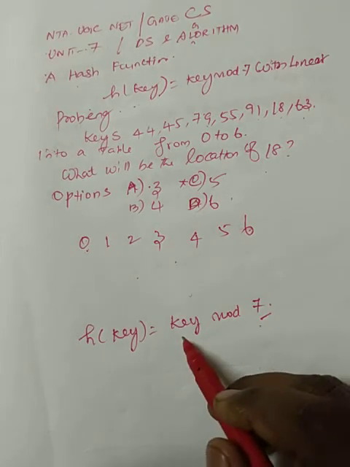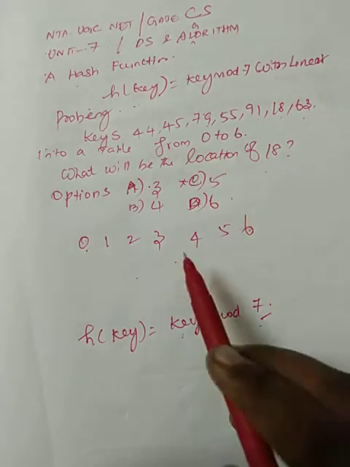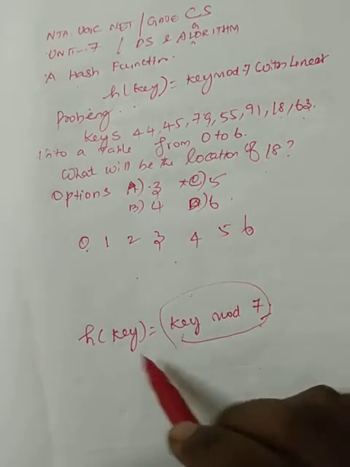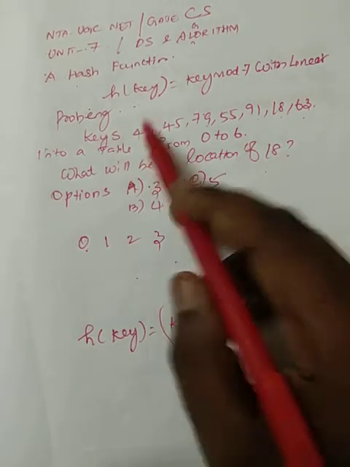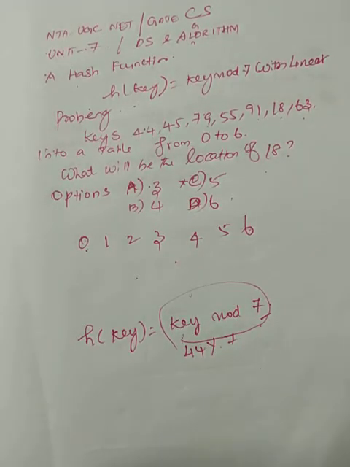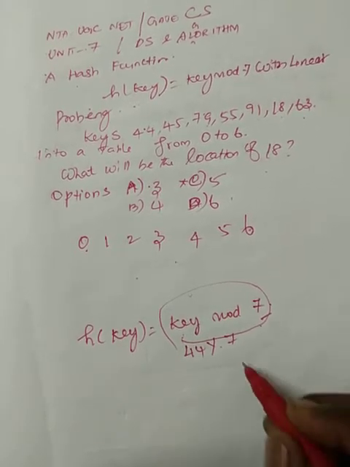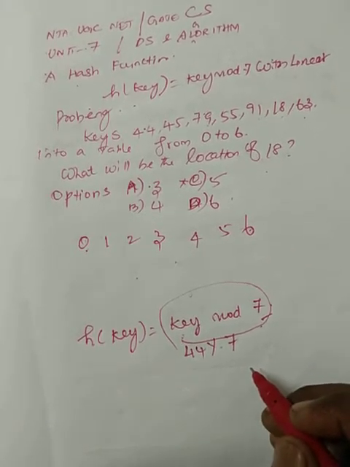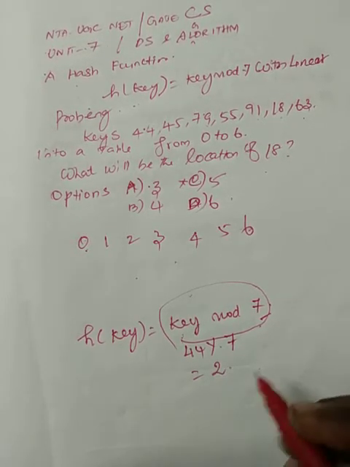Which key is placed in which place is decided by this mathematical operation. Suppose I am taking 44 mod 7. 44 mod 7 means we take the division: 5 times 7 is 35, 6 times 7 is 42, so the remainder is 2.